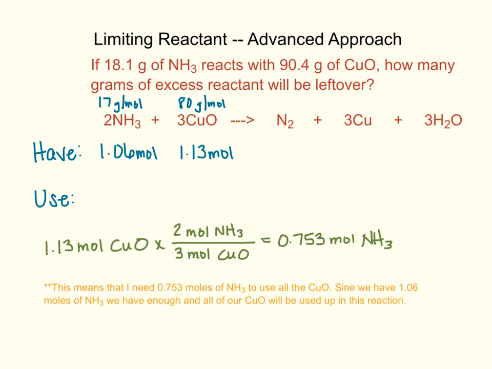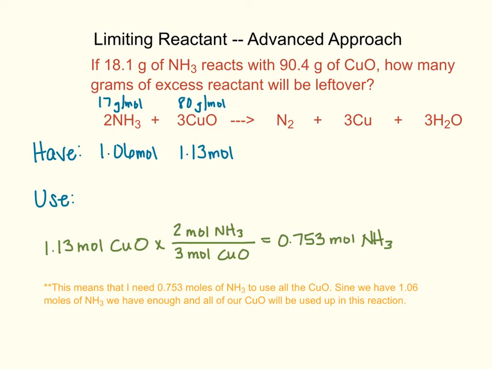And I do indeed have enough NH3, because I have 1.06 moles of NH3 and all I need is 0.753 moles of NH3. So I have enough NH3 to use up all of my CuO. So now I've determined that CuO is our limiting reactant and NH3 is going to be our excess reactant.